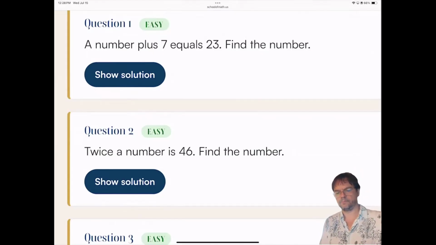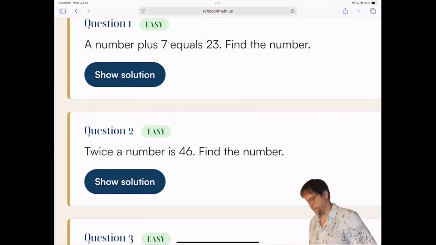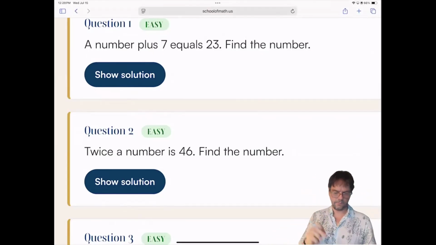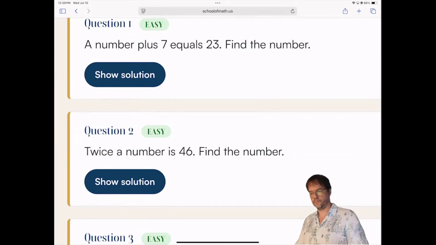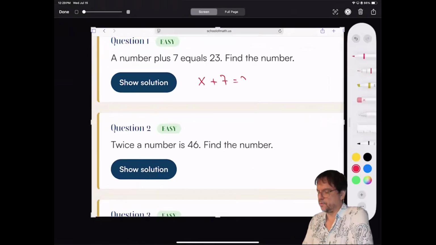I believe it would be 17. The number would be 17. Let's see together. A number that I don't know plus 7 is equal to 23.